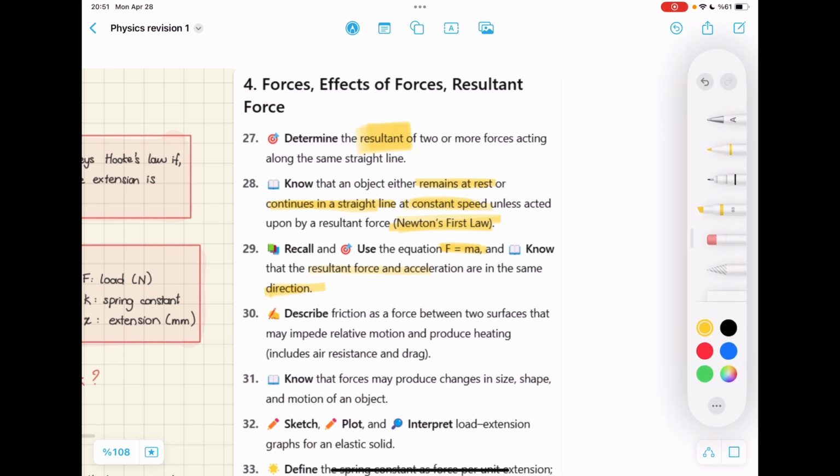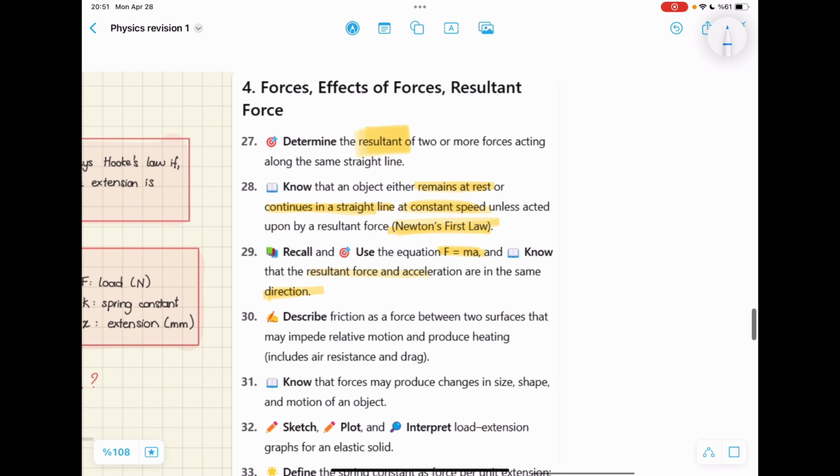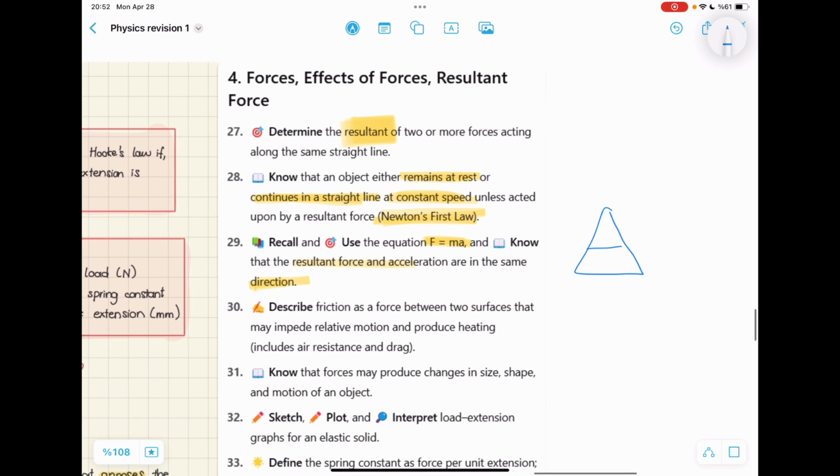Let me again draw a very quick triangle formula for this as well, because it's important for us to remember. It will look like this. F, m, a. And this is the formula for force that you're going to be seeing most often. Okay, next, describe friction.